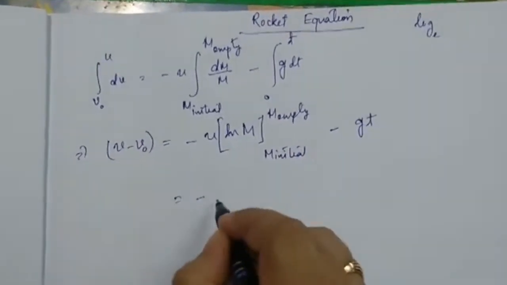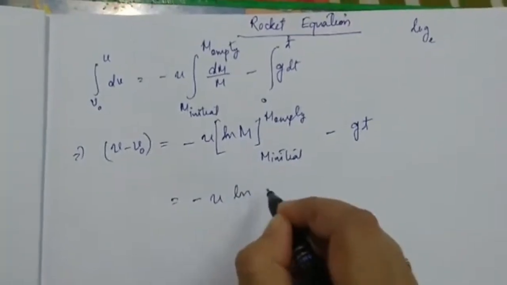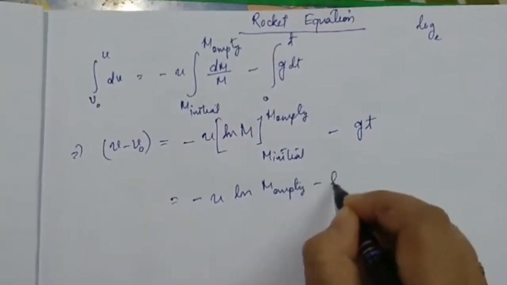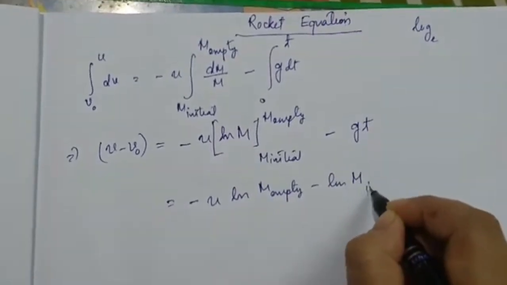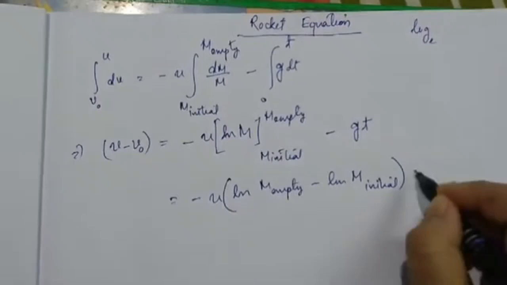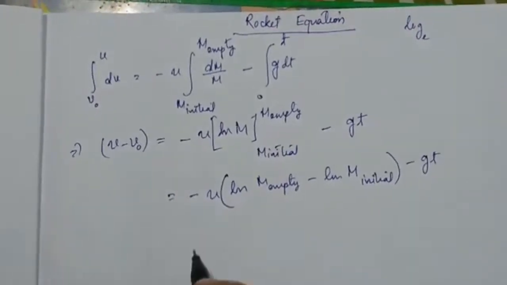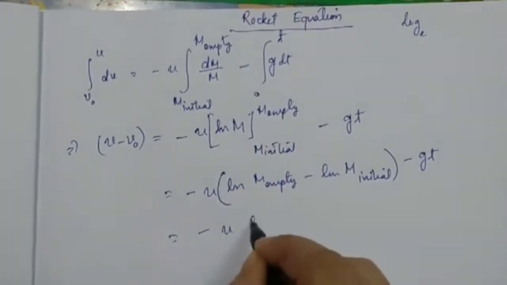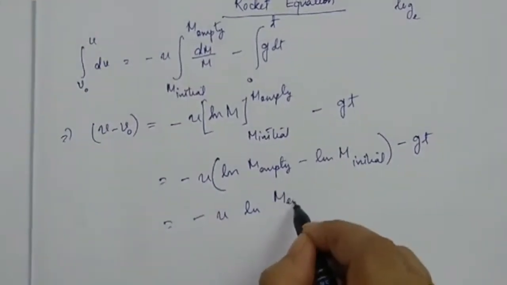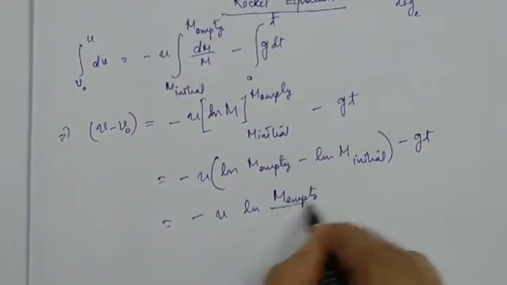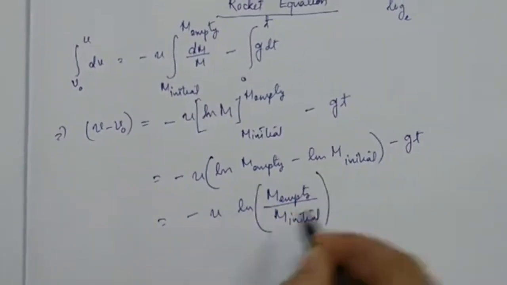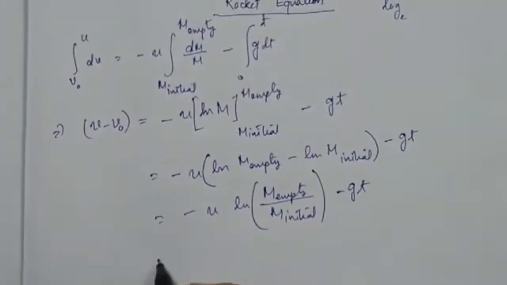So minus u, it can be written as ln m empty minus ln m initial, minus gt, plus u ln m empty by m initial, minus gt.